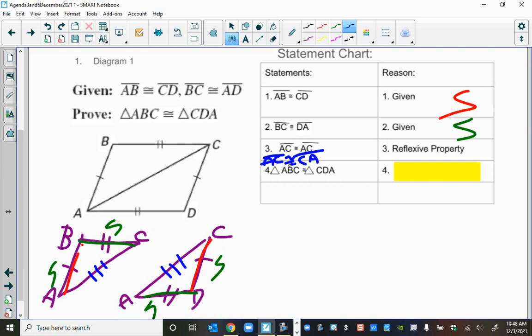So in the end, we have a third side. Now, do we have enough information to say these two triangles are congruent? We do. Can we say congruent triangles with side, side, side? There you go. That's how we're going to be doing some of these types of problems.